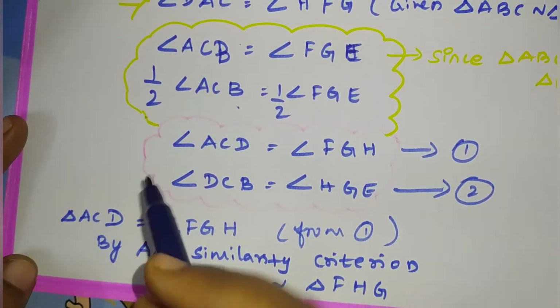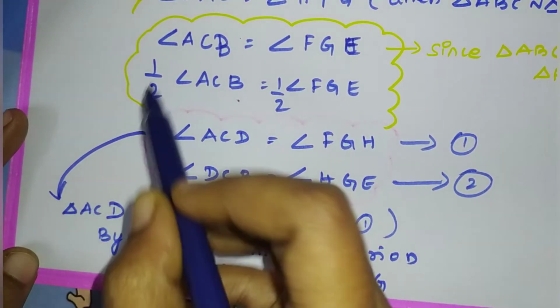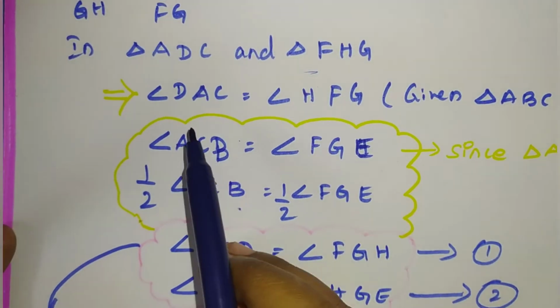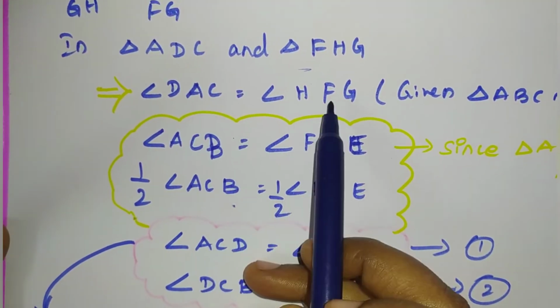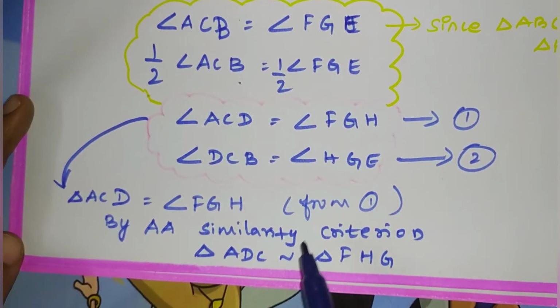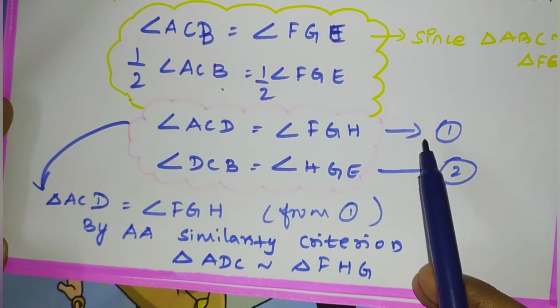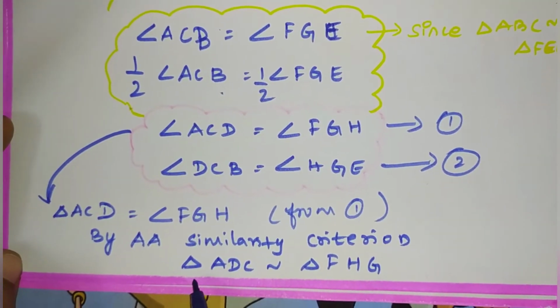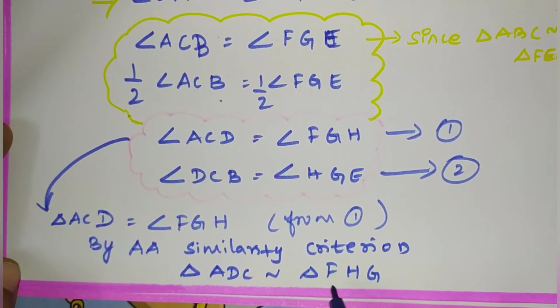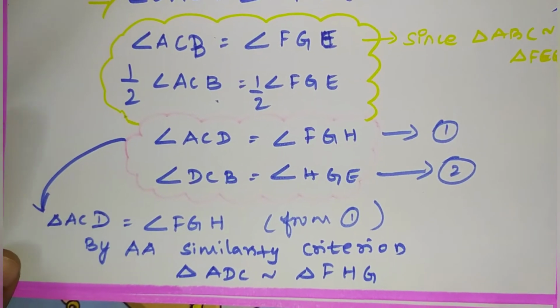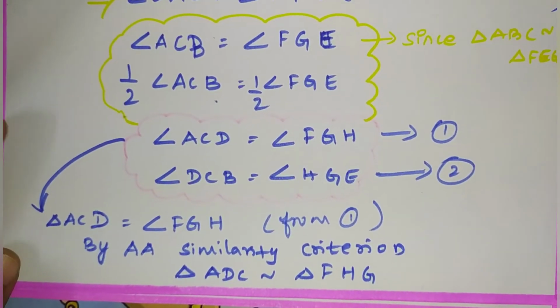Then I'm going to take the first one here to prove these two triangles are similar. Already I said that angle A and F are equal, and now I proved that C and G are equal. From AAA similarity criterion, triangle ADC is similar to triangle FHG. So now we proved that the two triangles are similar.